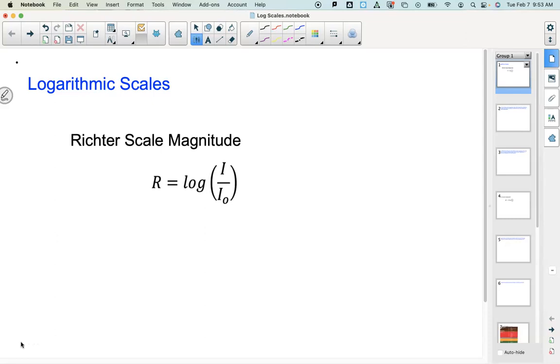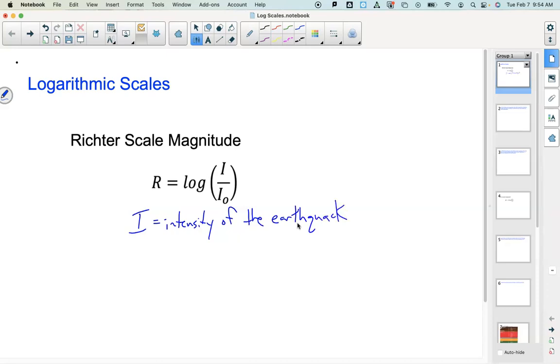So you can see on the screen here that R, as our Richter scale number, is equal to the log of I over I sub 0. Now notice this is log base 10 since the base isn't written. What are I and I sub 0? I is the intensity of the earthquake, measured by graphs.